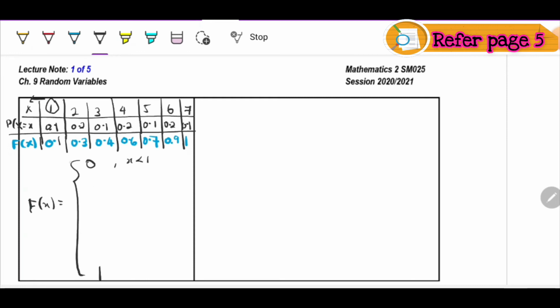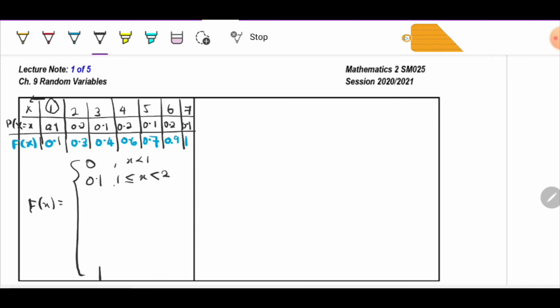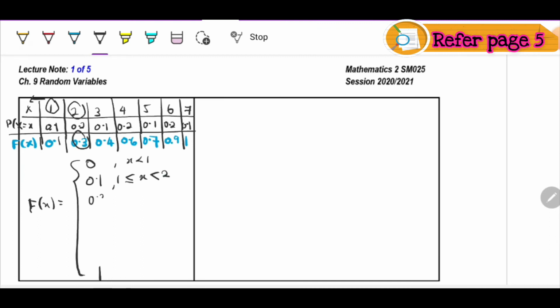F1, the Fx is 0.1. So x is greater and equals to 1 but less than 2. F2 is 0.3. So the interval is x is greater and equals to 2 but less than 3. F3 is 0.4. So x is greater and equals to 3 but less than 4. F4 is 0.6.